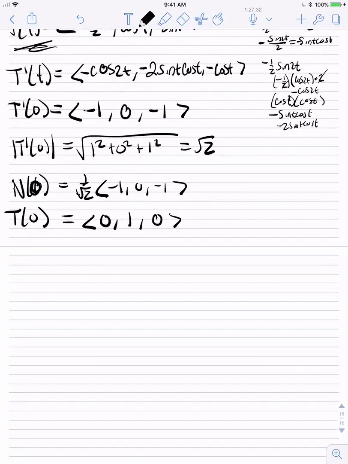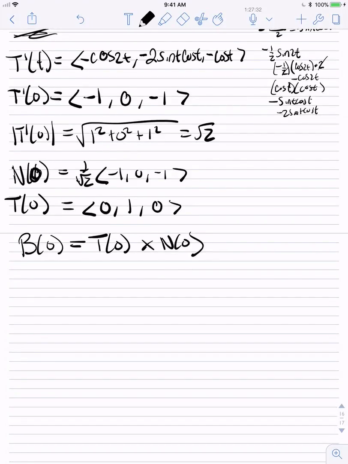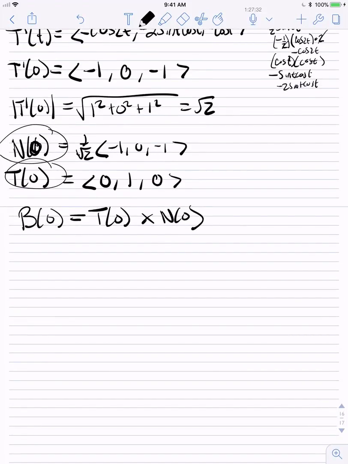Now we have n of 0 and t of 0, so we know that our binormal vector at 0, b of 0, would be equal to t of 0 cross n of 0. So we're going to cross here and here. If we did that, for b of 0, we get i, j, k.